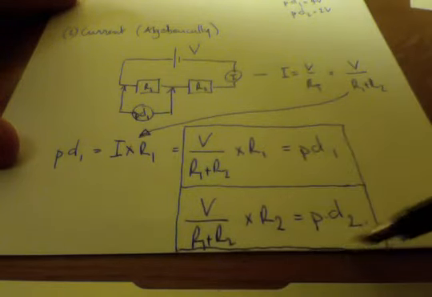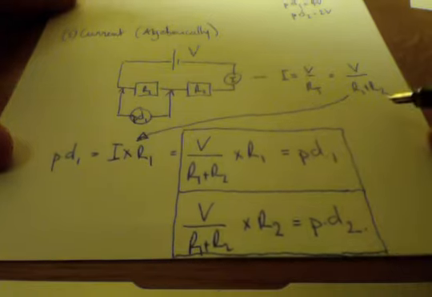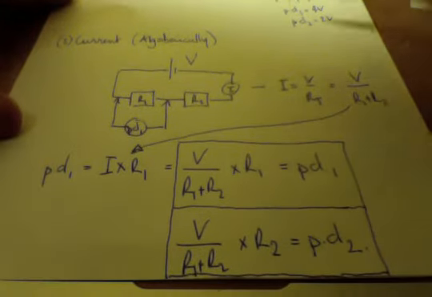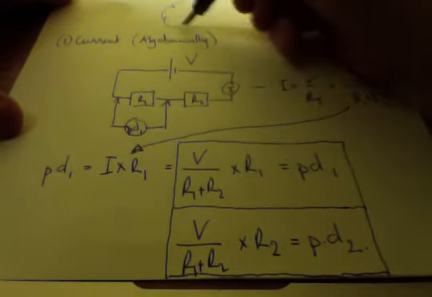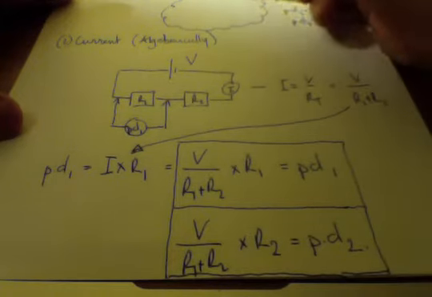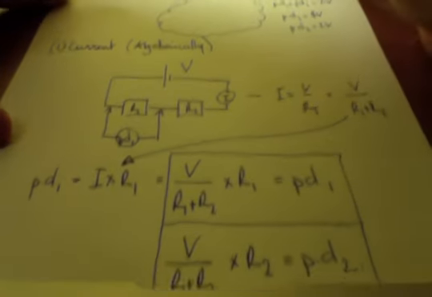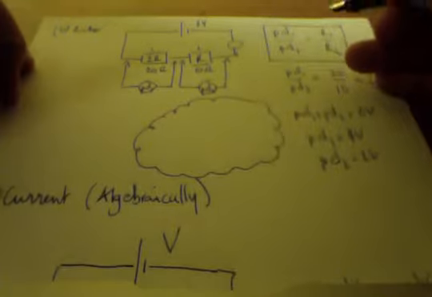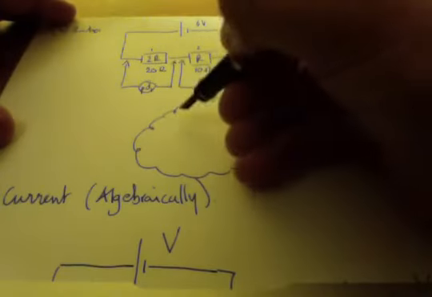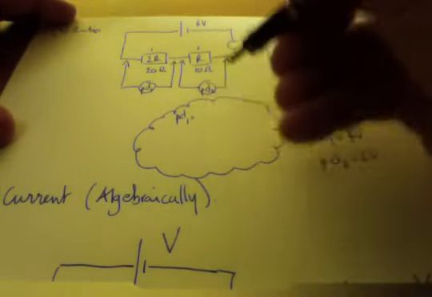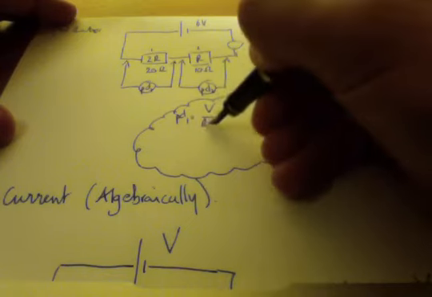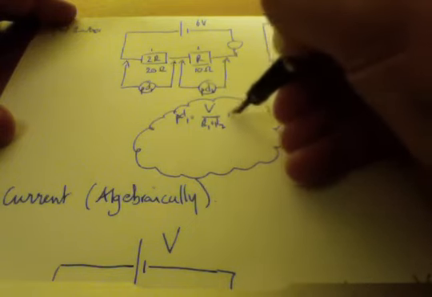And I'll prove to you that much because what we will do is we will just quickly, in a bubble up here, test that theory out. PD1 is V over R1 plus R2 times R1.